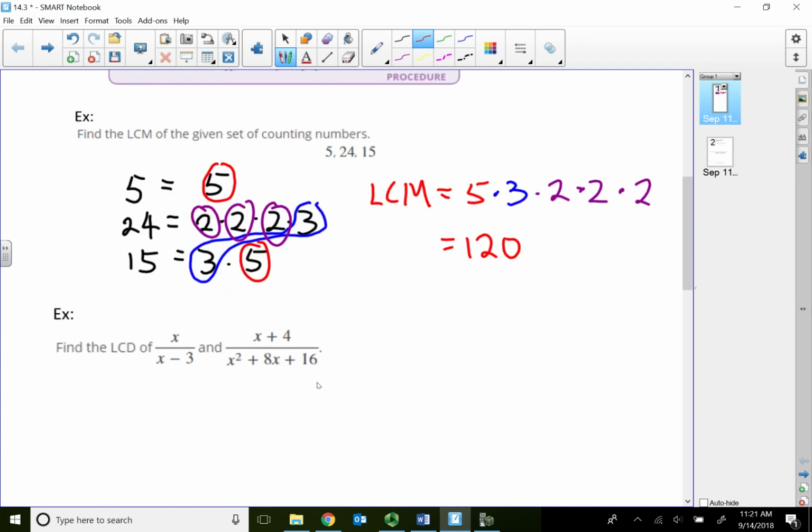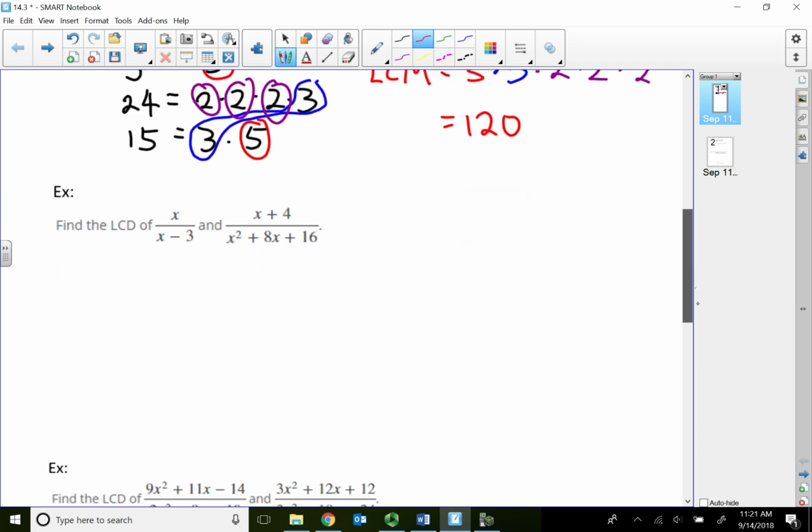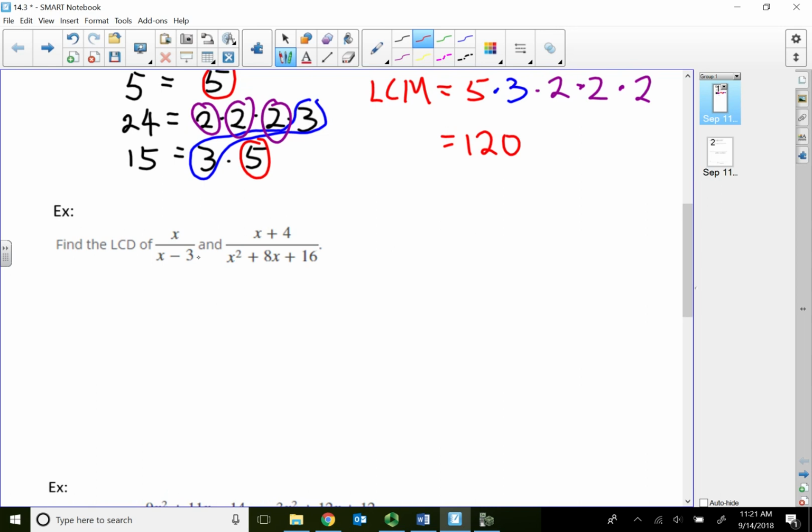When it comes to finding the LCD or least common multiple of polynomials, we're going to do exactly the same thing. My first denominator is x minus 3. X minus 3 cannot be factored other than by 1, so we will put x minus 3 in parentheses to indicate I have a factor of 1.